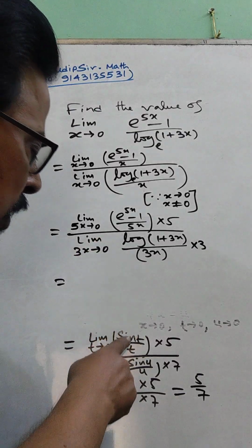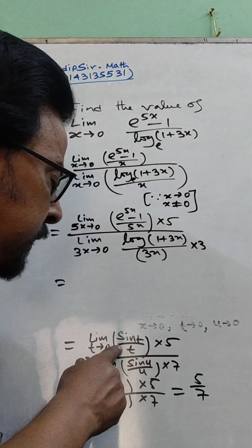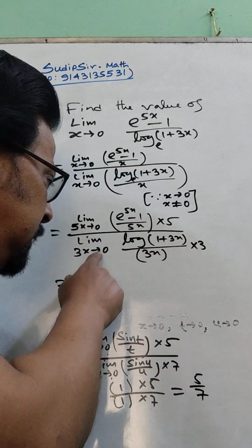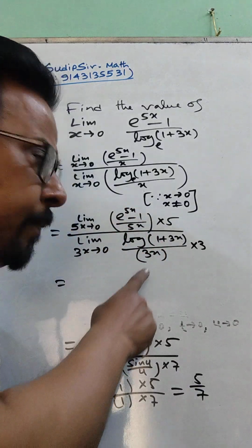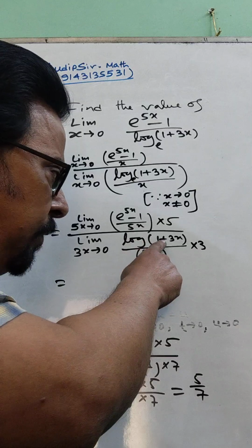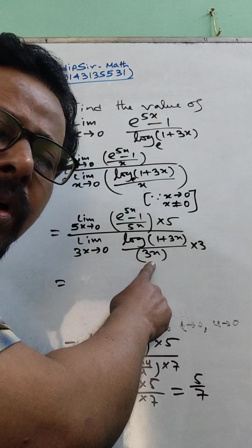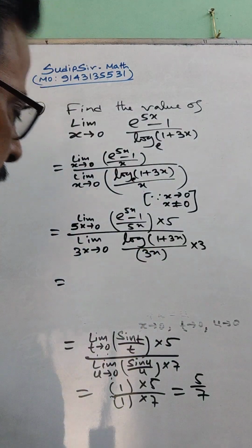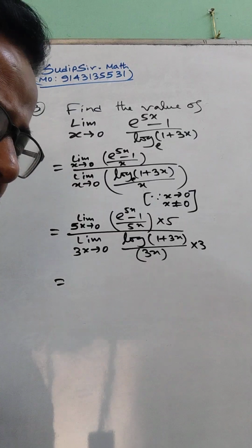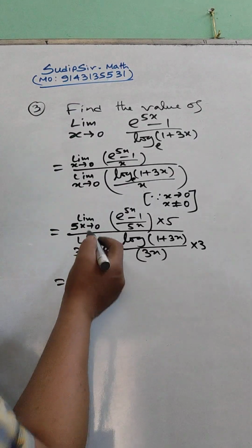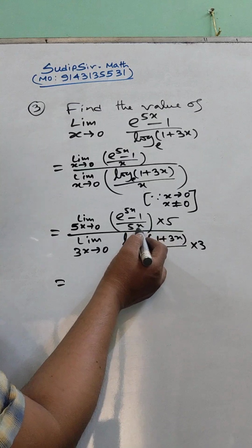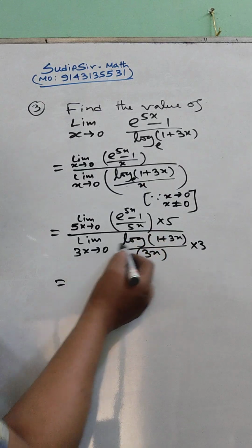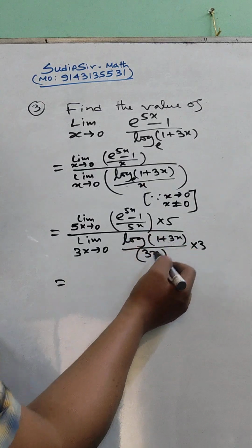Now either you can assume t or u like this. This is t, this is u. Then e to the power t minus 1 by t, or log of 1 plus u by u, or you can directly use the formula. Just make sure that limit 5x tends to 0, e to the power 5x minus 1 by 5x, and this is 3x tends to 0, log of 1 plus 3x by 3x.